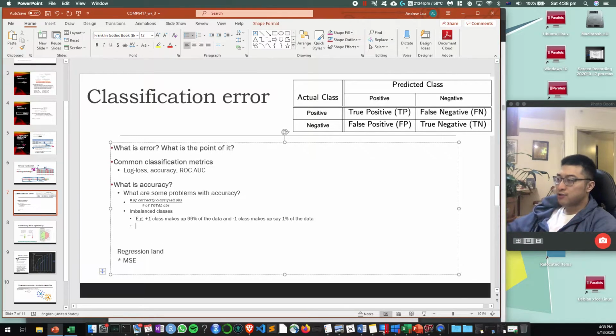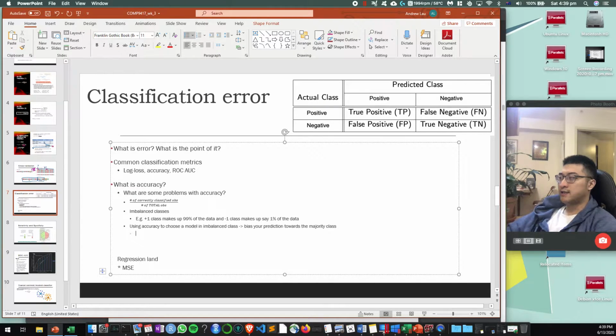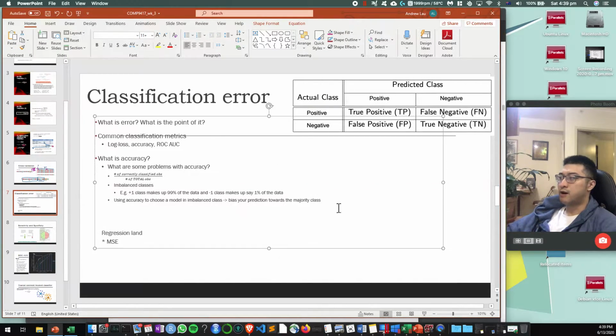When you use accuracy and it's highly imbalanced, you tend to bias your prediction towards the majority class. Let me give you a silly illustrative example as to why this might happen.